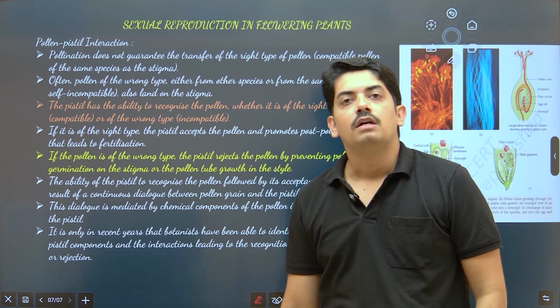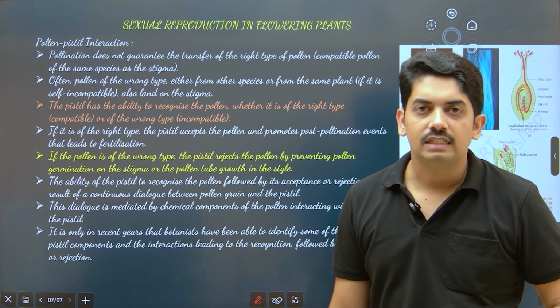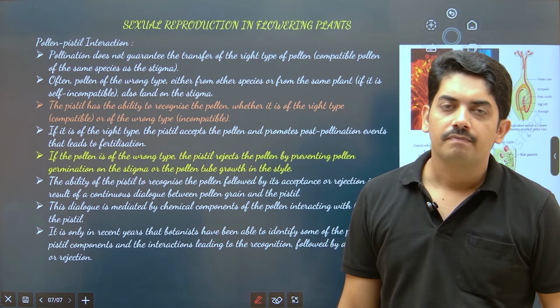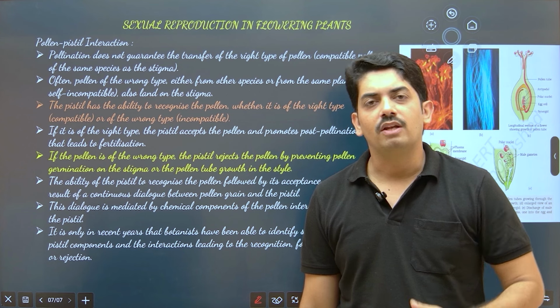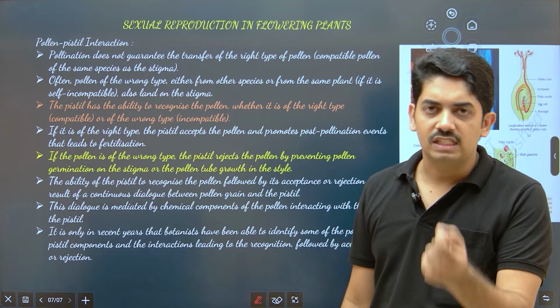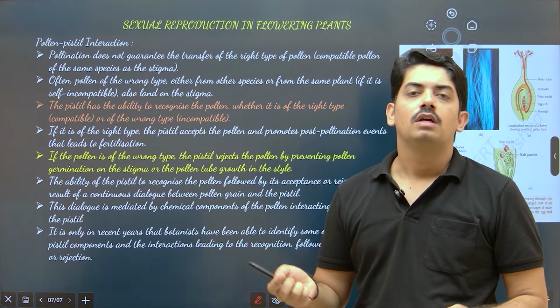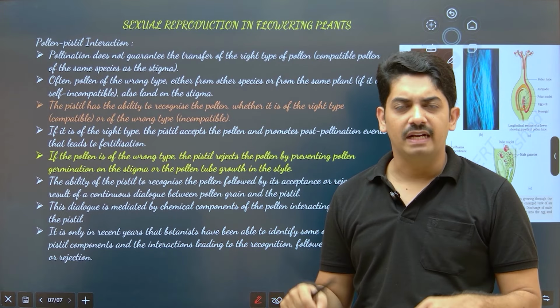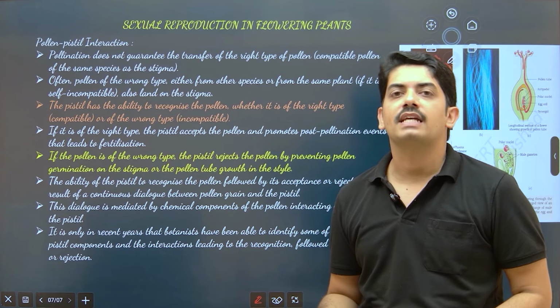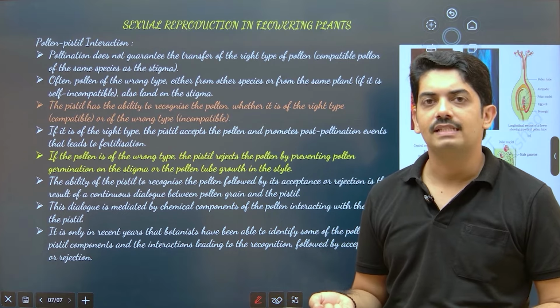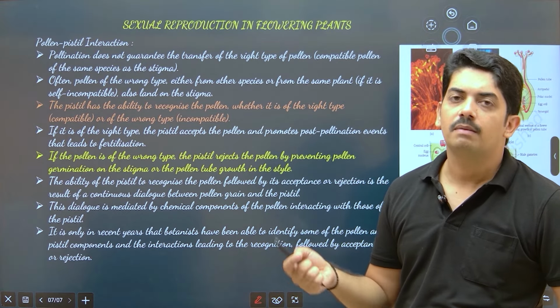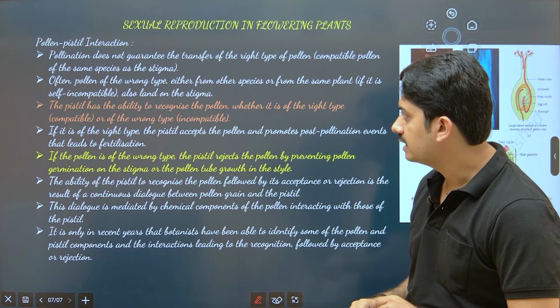Because the insect visiting one flower, you cannot say it visits only one species. It has visited several species. Its body has different pollen grains. So there is a high chance that the pollen of the desirable plant may deposit on the stigmatic surface.